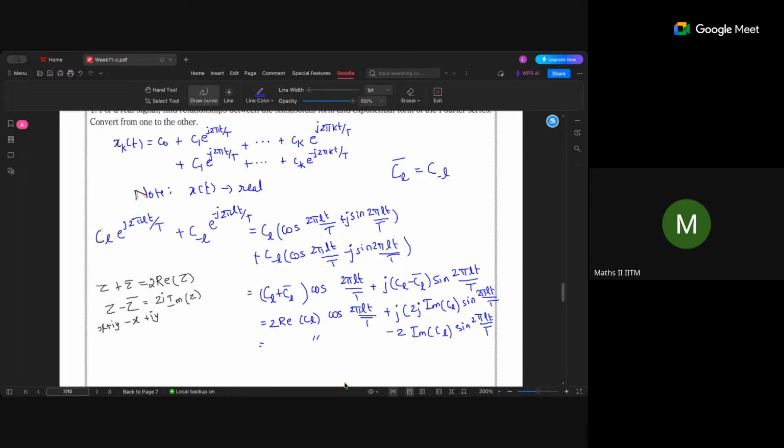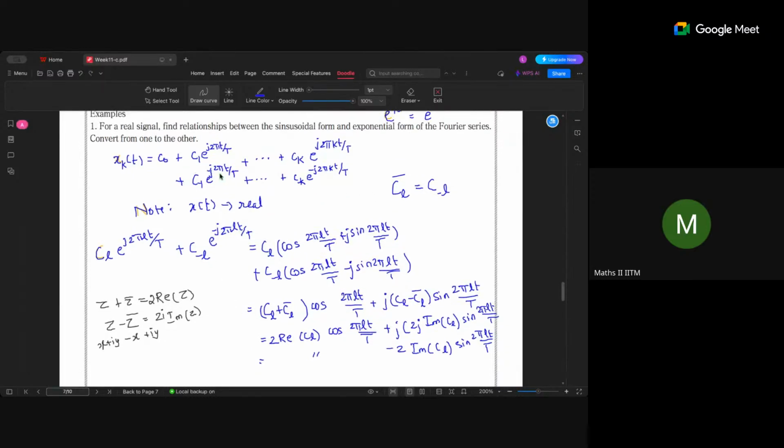What have we done here? Just some simple computation. We are just seeing how this expression will turn into sinusoidal form when x(t) is real. Okay, is that fine for everyone?